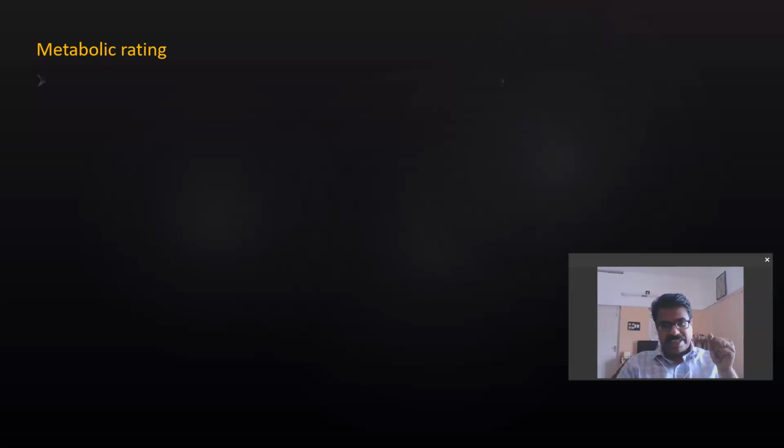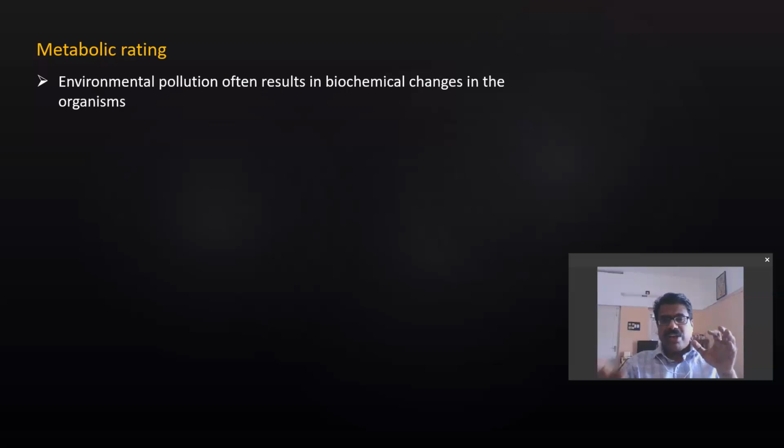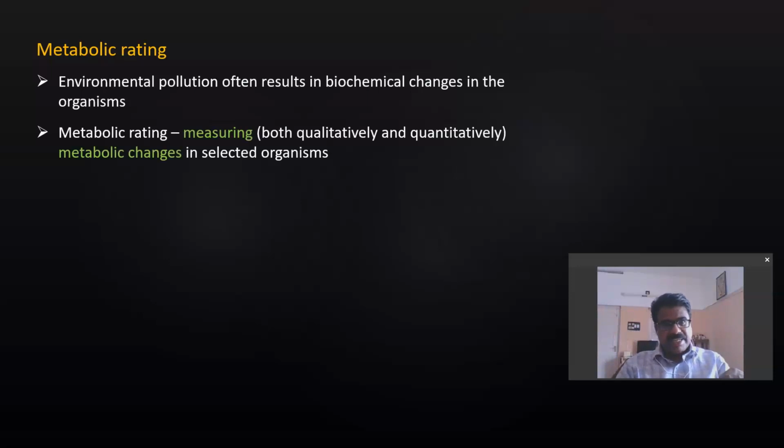Next is metabolic rating. You know that all these changes which take place either in morphology or in genetic material will cause biochemical changes in the body of the organisms. And in metabolic rating, we measure what metabolic changes take place in the selected organisms used for detecting the pollution.